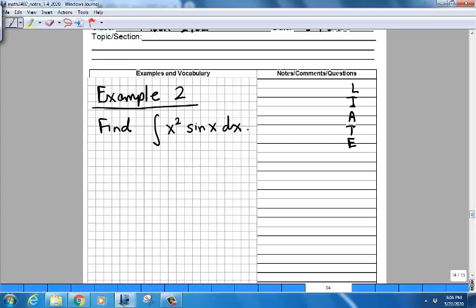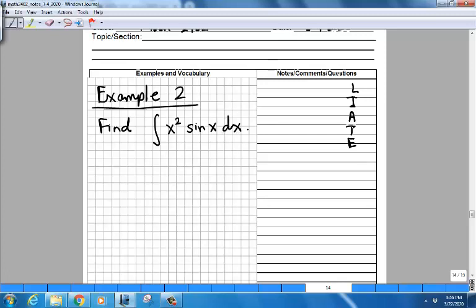But let's do one more before we're finished here. This one also is a little bit more complex, but not as bad as the very last example. All right, so let's see if we can now integrate x squared times sine of x dx.